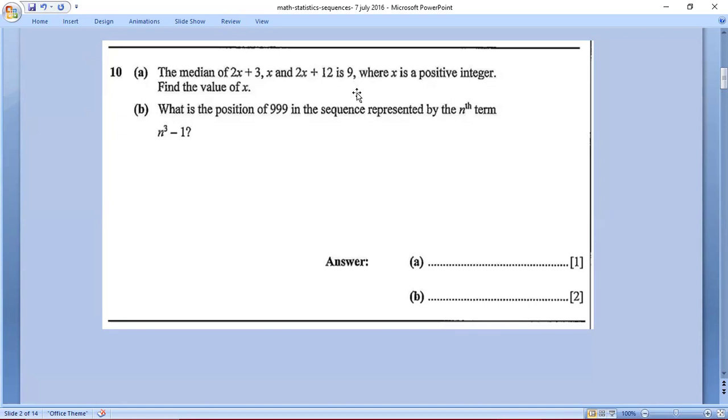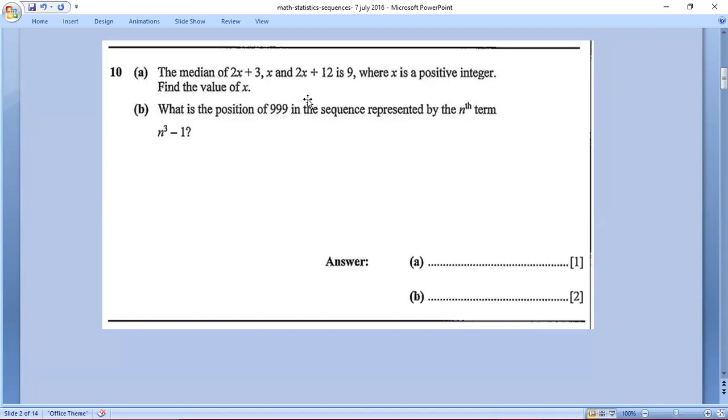A mode is the most frequent. Mean is simply the average of all the numbers, so you add all the numbers and divide by the total frequency of the numbers. But for median, the median is simply the middle number.